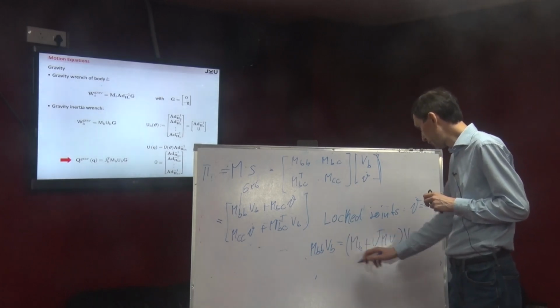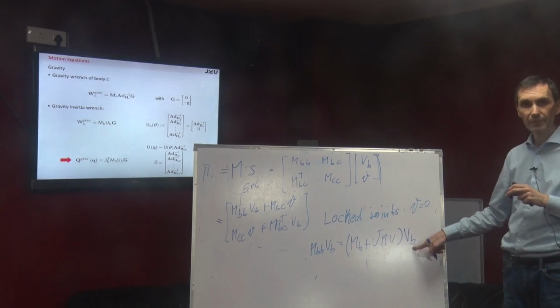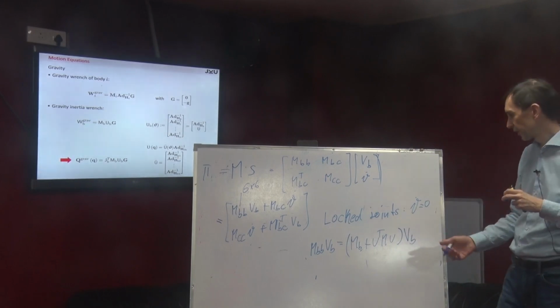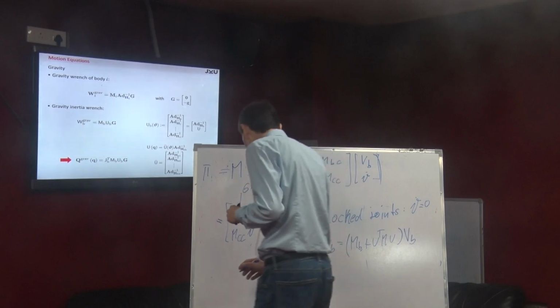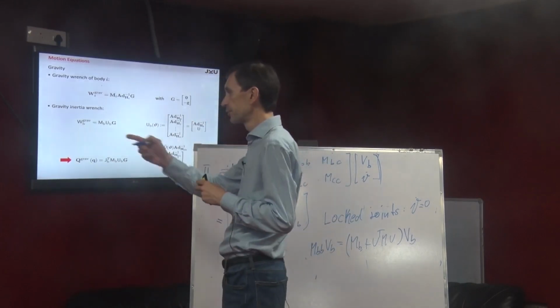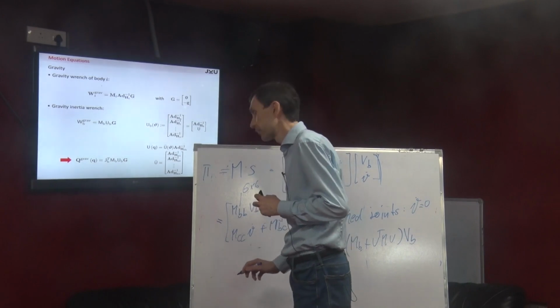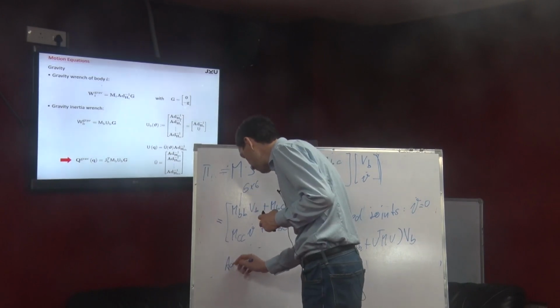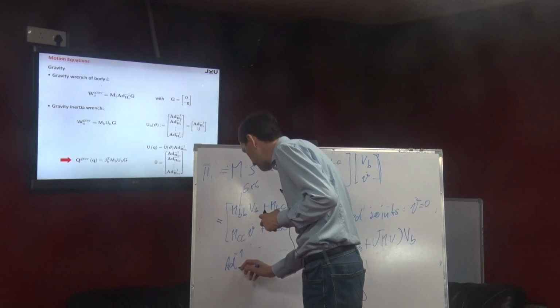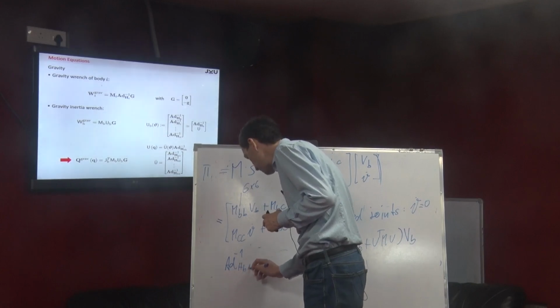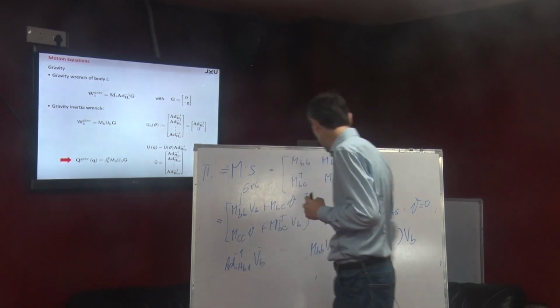What we do is multiply U with VB first, with the base twist. So what happens if you multiply U with the base twist? We have the adjoint inverse of HB1 times VB.